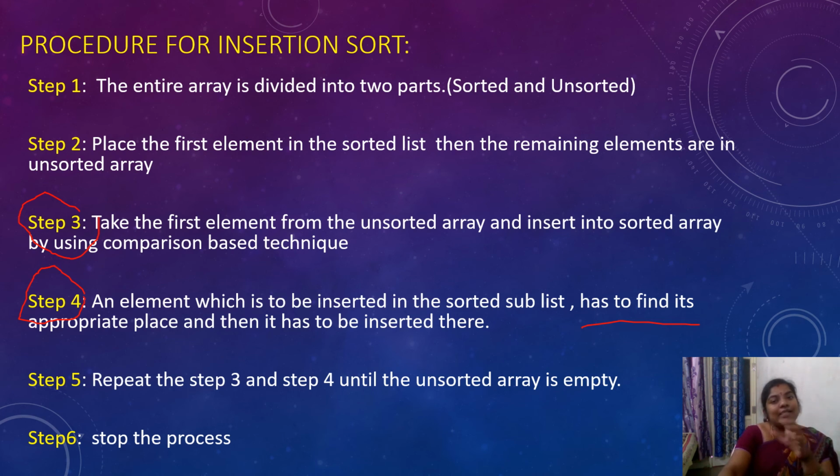If the unsorted list is completely empty, we stop the process, and the elements present in the first part, the sorted part, are treated as the output of the given array. The output is purely in sorted order, either ascending or descending.